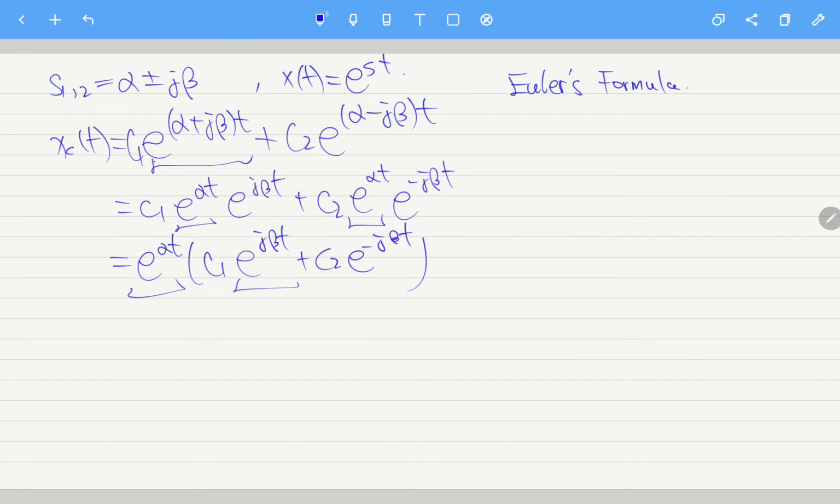So Euler's formula is exponential to j theta equals cosine of theta plus j sine of theta. So you can just keep this in mind. This is a very well-known formula called Euler's formula.